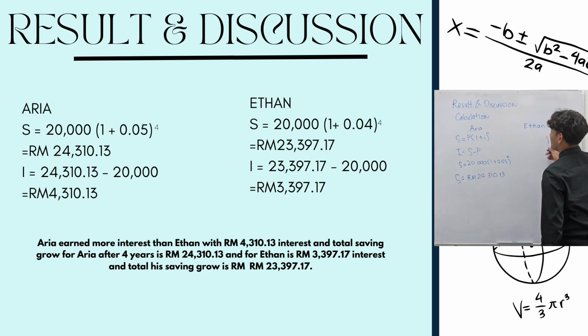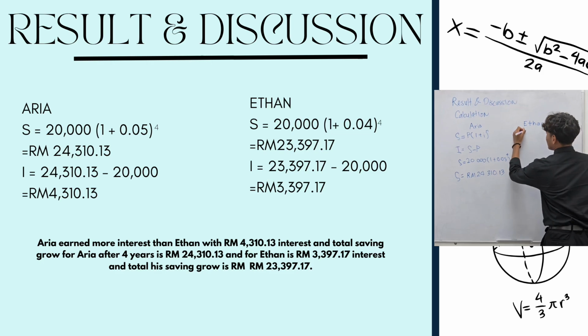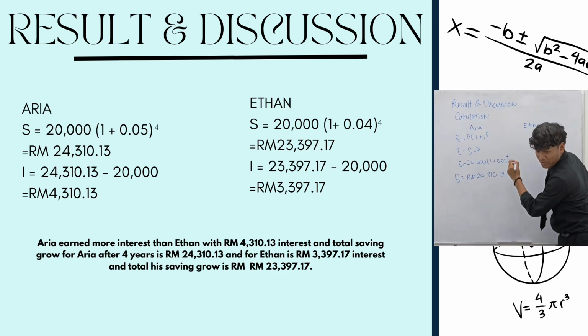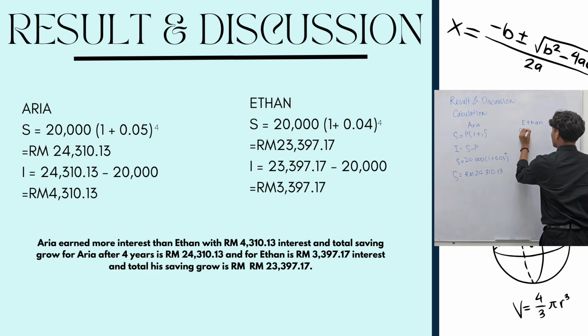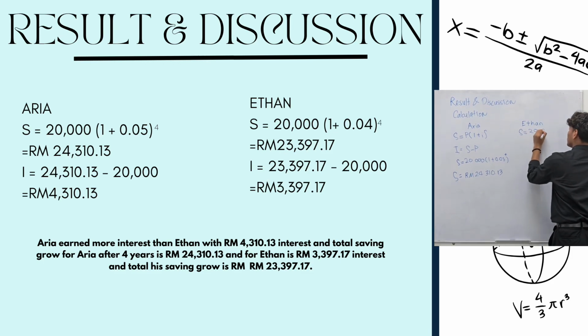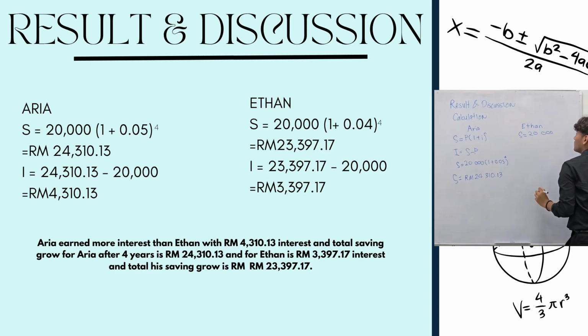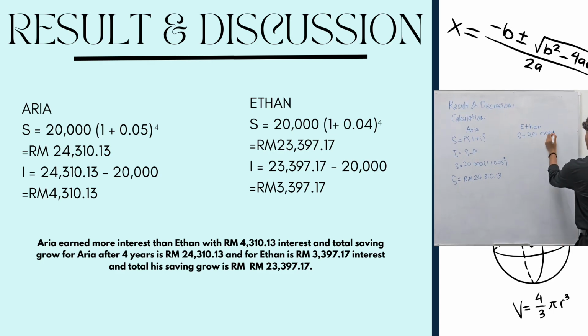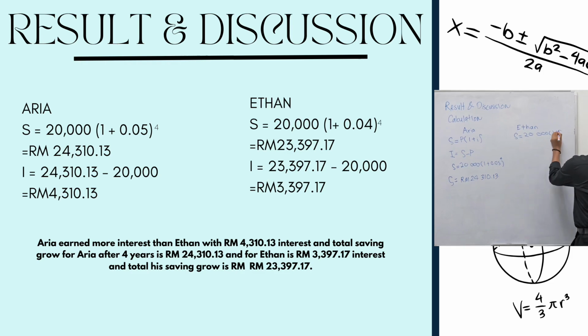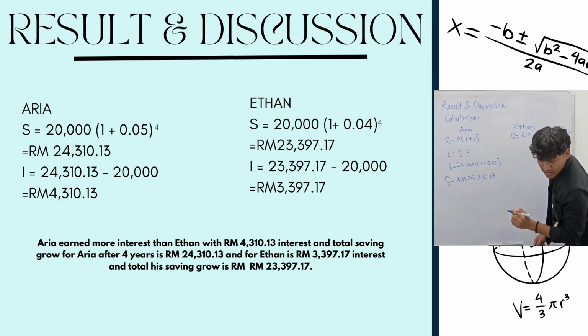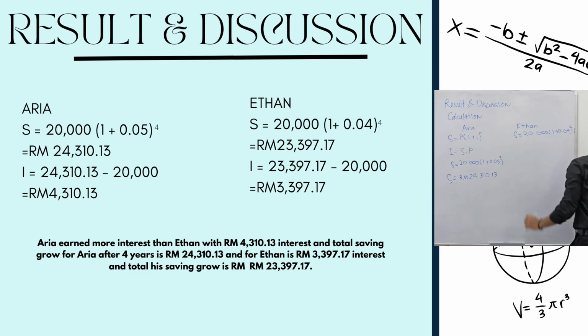So let's find the S for Ethan. Same formula. The P for Ethan is the same, 20,000. Open the bracket 1 plus i, where i is 0.04, close the bracket, and the power is 4.